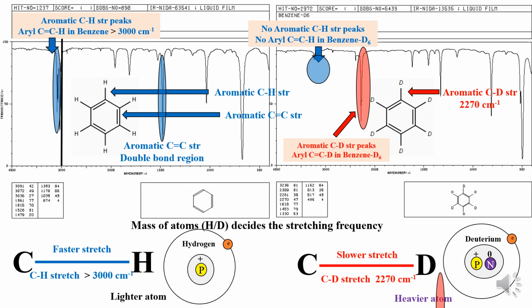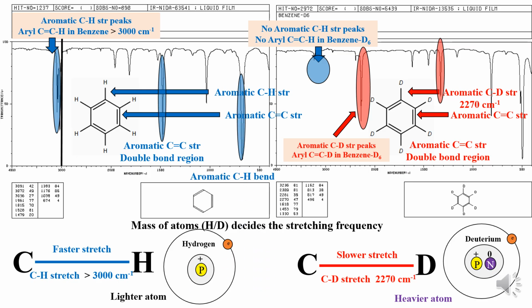An aromatic carbon-carbon double bond stretch, you find it around the double bond region. While the aromatic CH bend, that is out of plane bend, is seen at around 674 centimeter inverse. An aromatic carbon deuterium bend occurs at around 500 centimeter inverse.